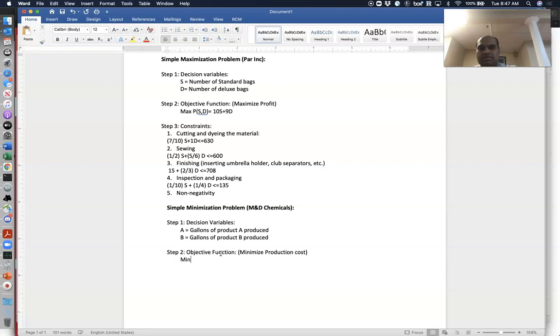So this is a cost function of the variables A and B. We know that it costs $2 to make 1 gallon of product A, and it costs $3 to make 1 gallon of product B. So 2 times A plus 3 times B, that's the cost function here. And we're going to minimize the total cost, which is 2A plus 3B.